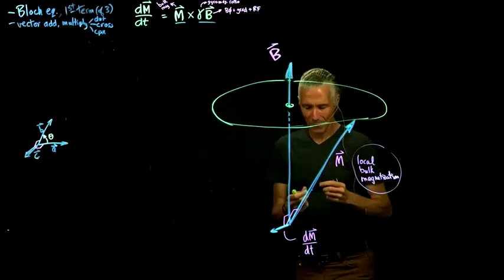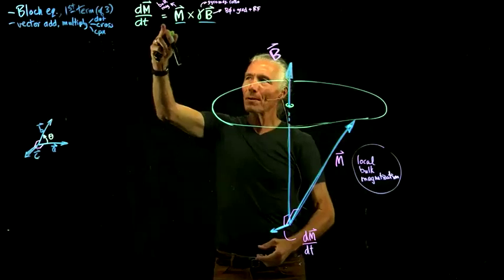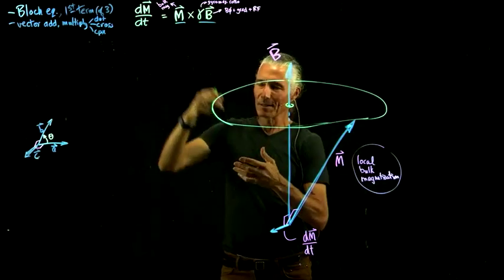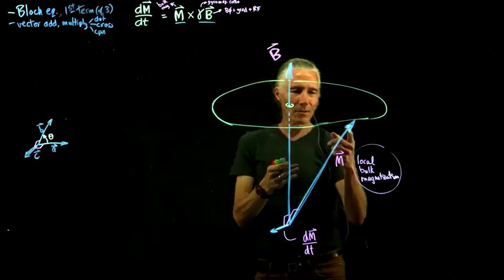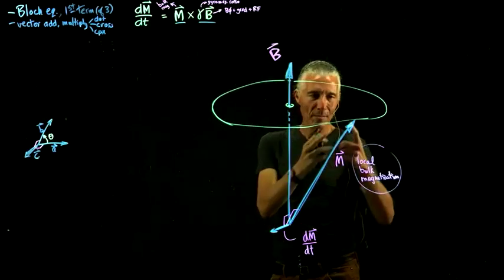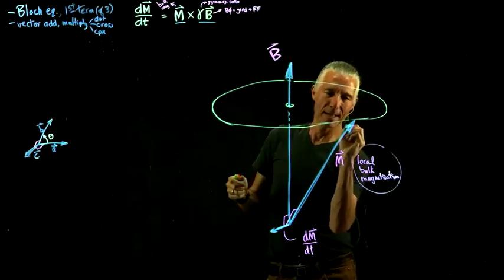Okay, so the way that we operate this differential equation, or the way that we would solve it, is we would figure out, if we take this change in the m vector and paste it on here, so let's paste that on here.